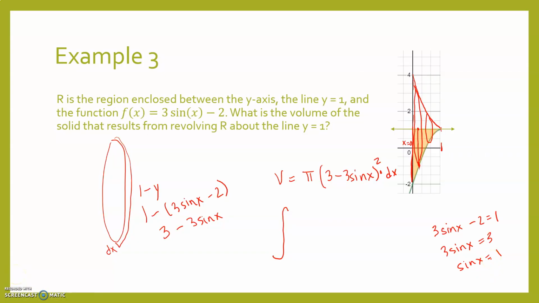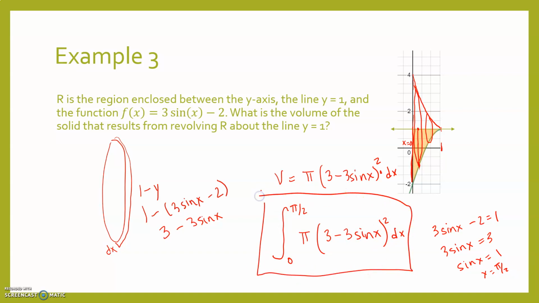Oops. So we're going to integrate from 0 to pi over 2, and we're going to integrate pi times 3 minus 3 sine of x squared dx. And that would give us the volume of that shape.